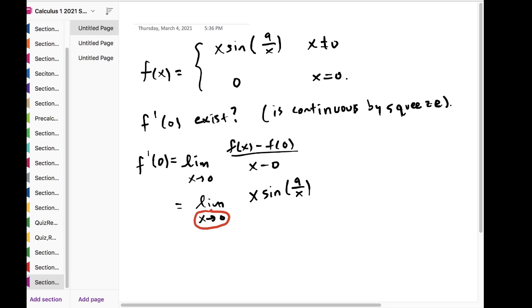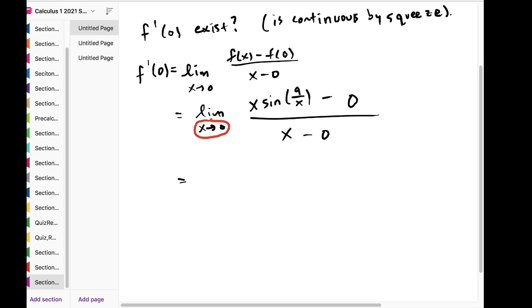Now, what's f of 0, though? Yeah, f of 0 is 0. So this is interesting. What's the answer, you think?